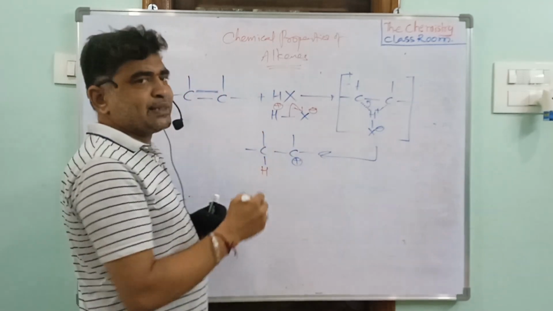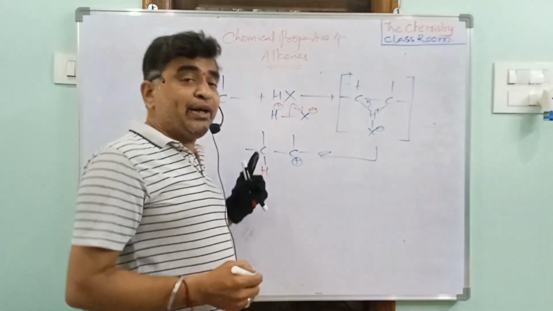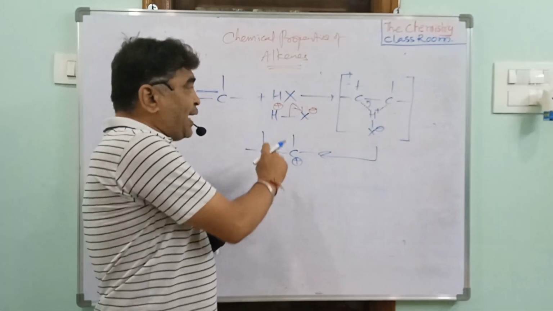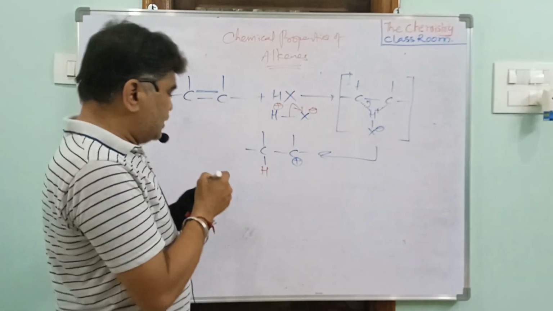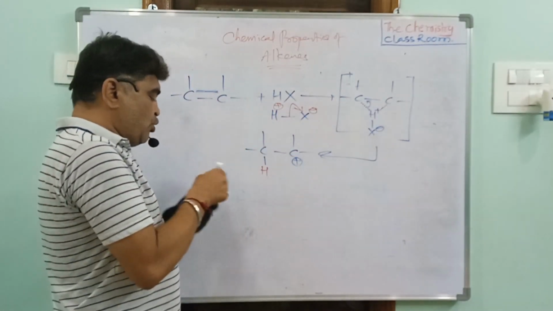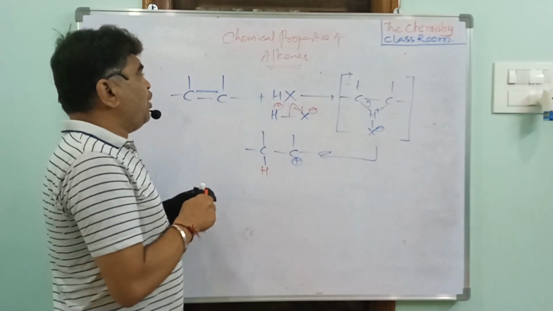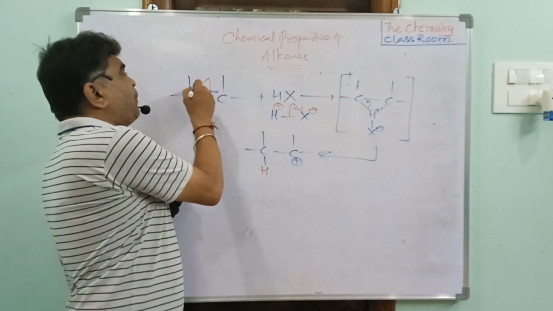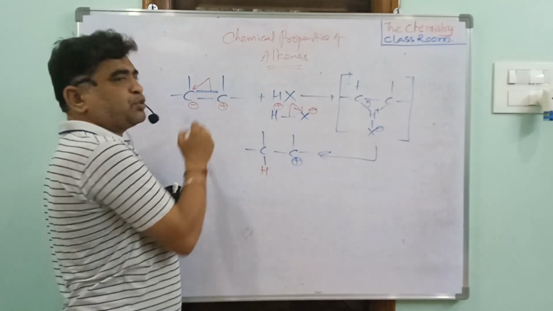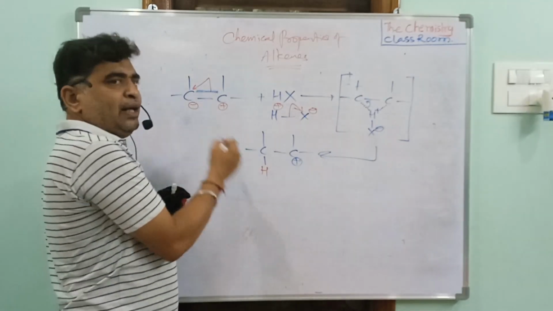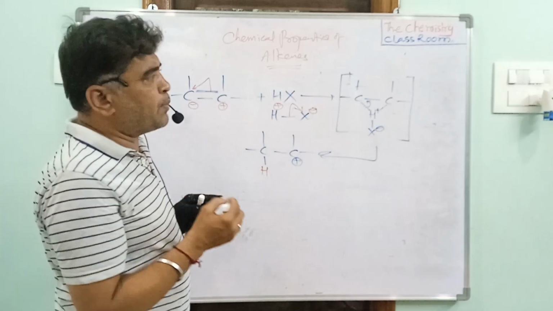Because the H plus is added to the carbon. When it is added, the total pi cloud is moved towards one carbon. Here you see the pi cloud is completely moving towards one carbon. So when the pi cloud moves to a carbon, that carbon is getting a negative charge and the other carbon is getting a positive charge. So the H plus ion is going to attack one carbon.